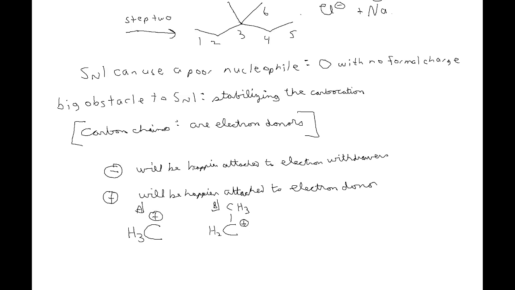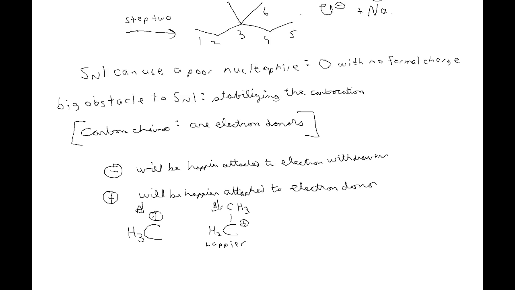Unhappy. So what's the difference between these? The difference is this has a carbon chain, and this doesn't. Is the carbon chain going to make the positive charge happier or less happy? The carbon chain is an electron donor, so it'll make it happier. So which of these two molecules is happier? B. Yeah, B is happier than A.